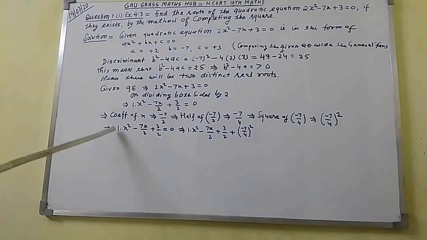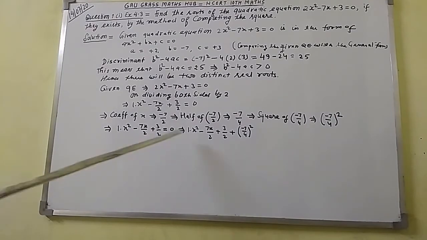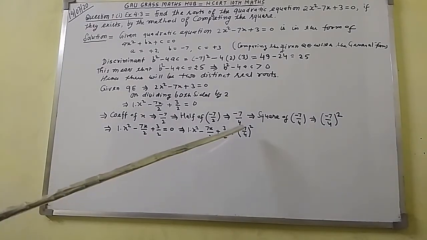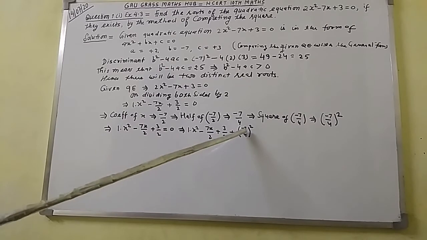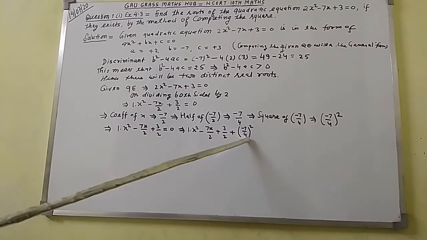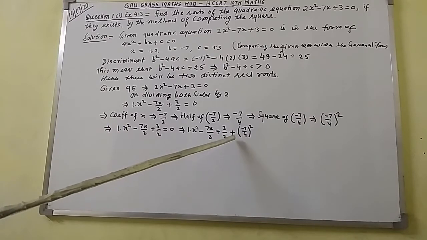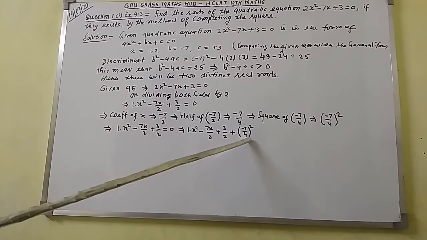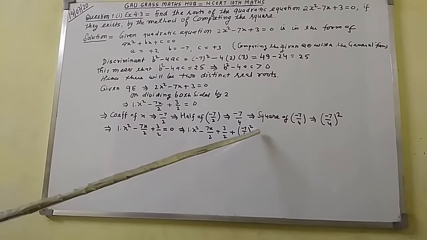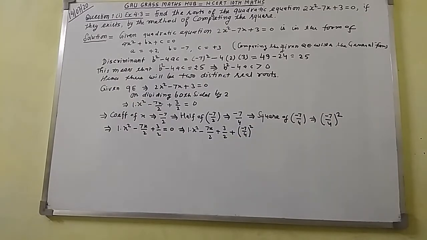Here this is the original quadratic equation. I have added minus 7 over 4 whole square. Addition is there. So whatever addition we do here, the same will be the subtraction.